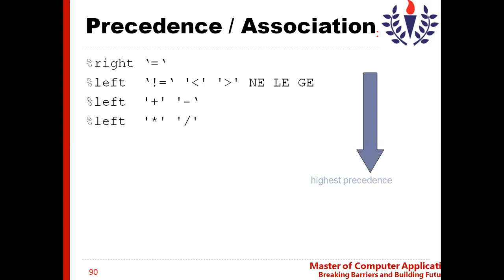If you look at the arrow going down, it represents the highest priority. Whatever comes at the bottom has the highest precedence. This information has to be given to the yacc program, so that when an expression is evaluated, it does so as per the rules given.